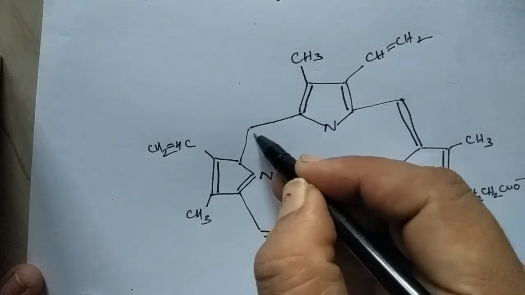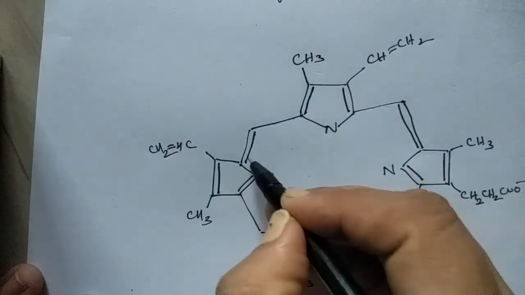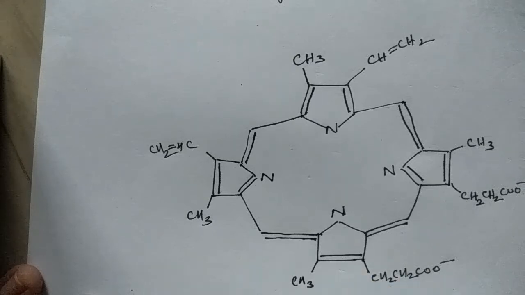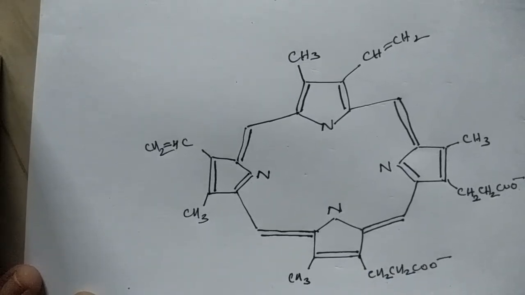Okay, and then here we have the double bond, single bond, double bond. So this is how the bonding is there in the case of hemoglobin.